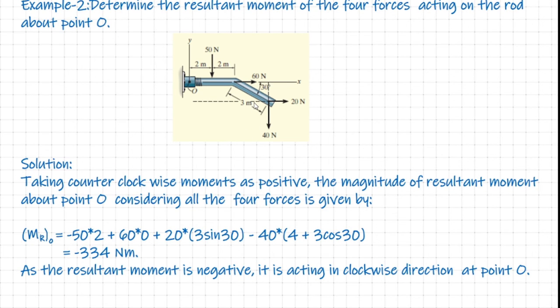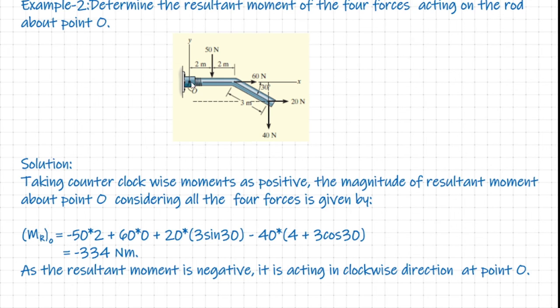Now let us consider the 20 Newton force. It is 20 into, obviously about the point O, 20 Newton produces a counterclockwise moment. So it's 20 into, what's the lever arm? As far as 20 Newton is concerned, it is 3 into sine 30. Then finally we have only one force left, that is our 40 Newton.